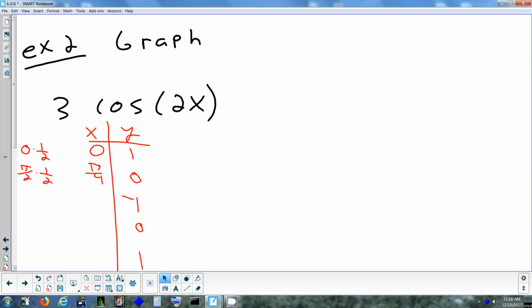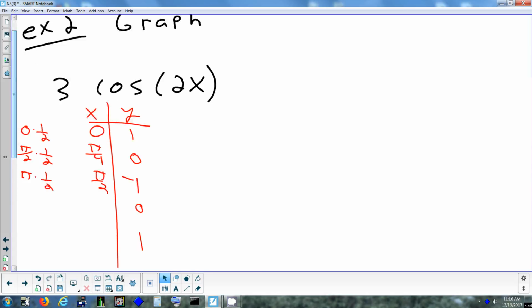And then the next one would normally be pi. And if we take half of it, pi over 2. Next one after pi, 3 pi over 2. Take half of it, 3 pi over 4.